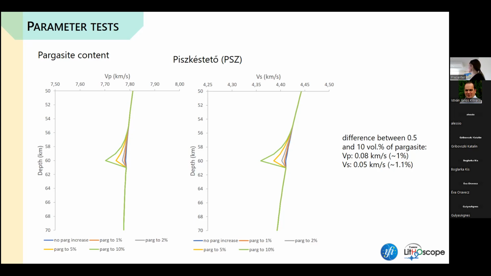And the results show that even if there would be an increase of 10% of pargasite, it would only cause a maximum of 1% drop in the seismic velocities.